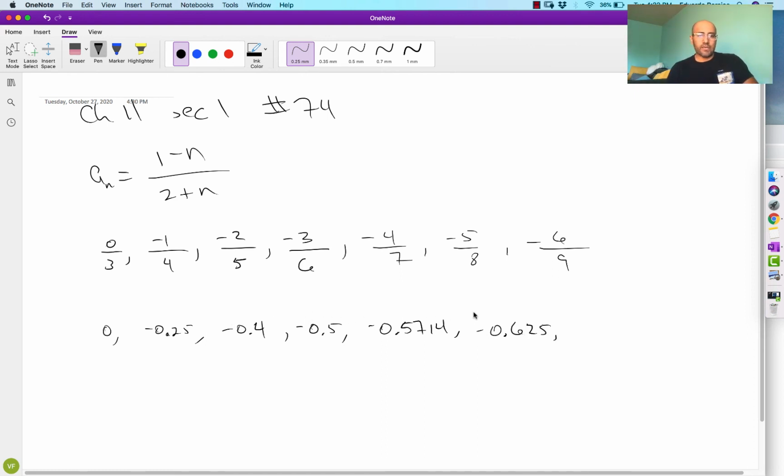So it looks like they're growing toward negative 1. Looks like they're heading toward negative 1, right?